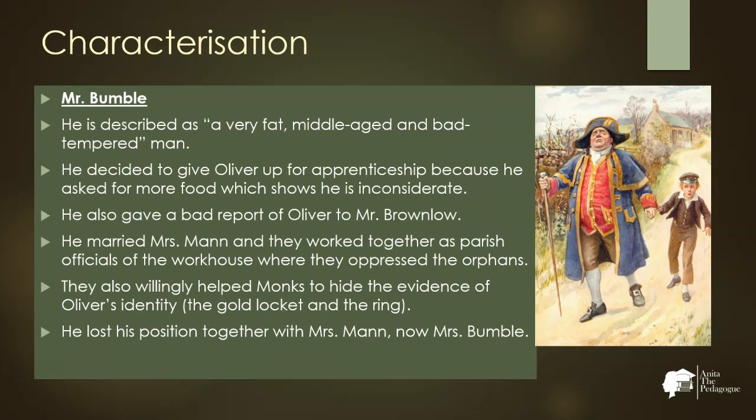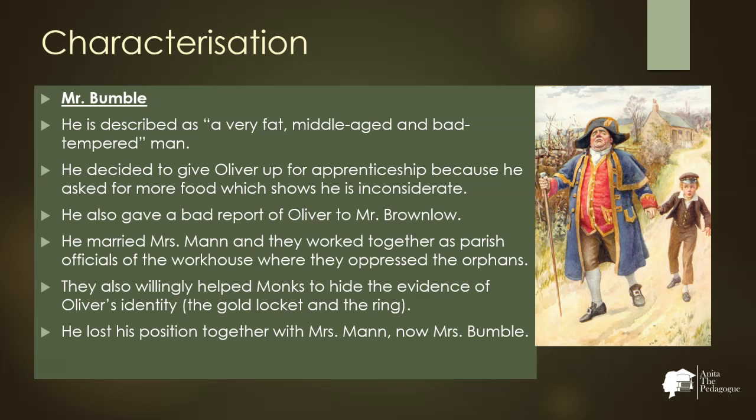Mr. Bumble. He is described as a very fat, middle-aged, and bad-tempered man. He decided to give Oliver up for apprenticeship because he asked for more food, and this shows he's very inconsiderate and heartless. He also gave a bad report of Oliver to Mr. Brownlow.